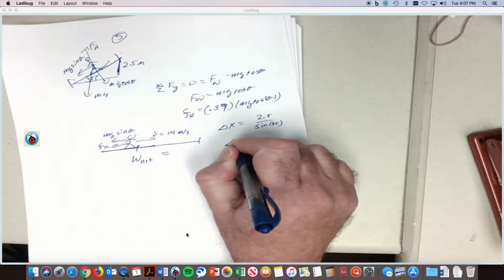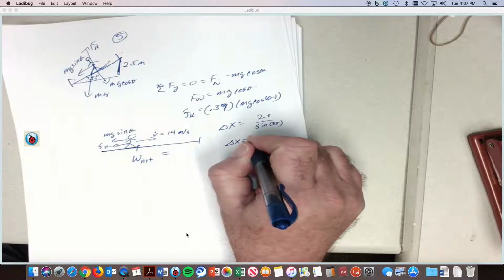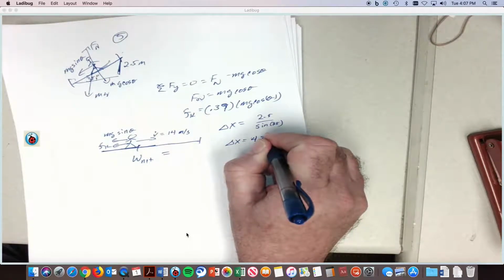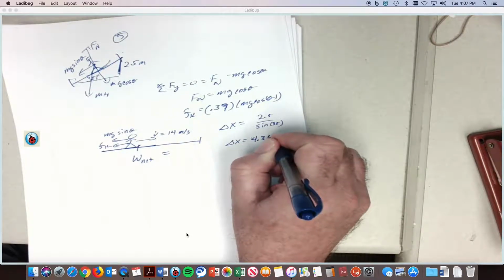And so her displacement is going to be 4.36 meters. All right?